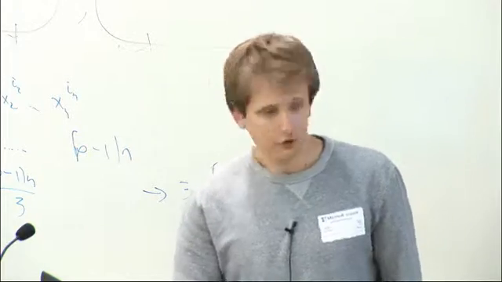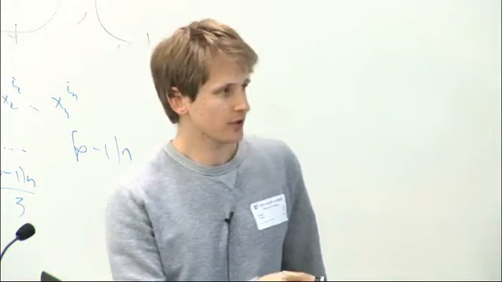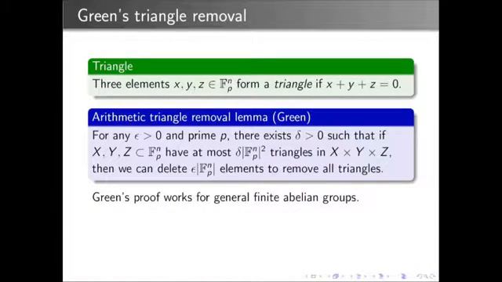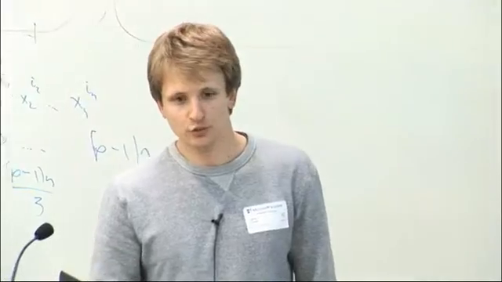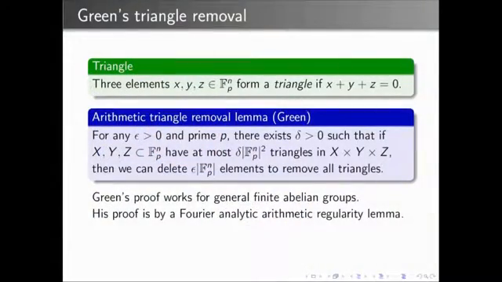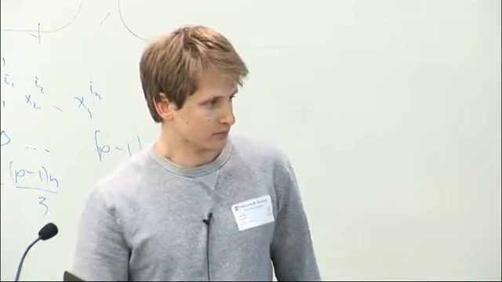And so if we have a small number of triangles compared to how many we can have total, then we can delete a small number of elements and remove all triangles. And the proof that Green gave works for general finite abelian groups. So he develops a Fourier analytic arithmetic regularity lemma and uses that.